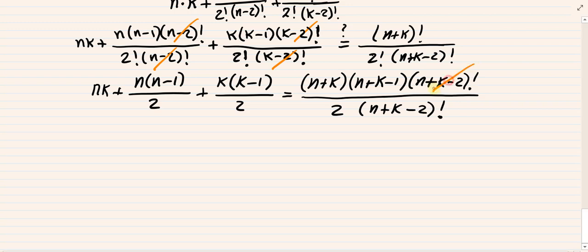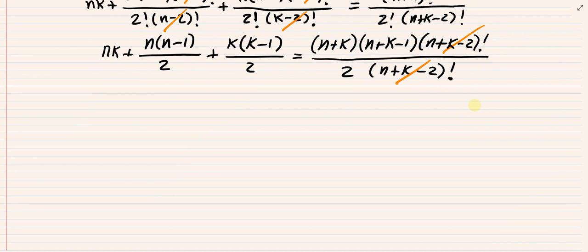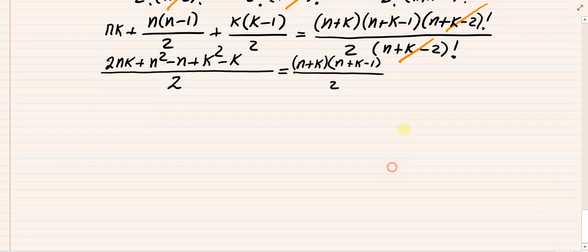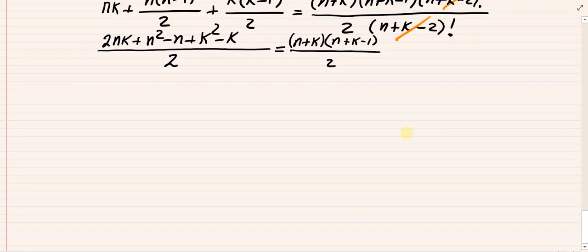Okay, and I can cross those out. Now what else can I do? Well, on the left side, let's combine those fractions. The LCD is 2, so I get 2nk plus n squared minus n plus k squared minus k, and on the right side I'm just going to get (n plus k)(n plus k minus 1) divided by 2. I'll keep the right side the way it is. You could expand it, multiply it out, whatever, but I'm going to keep them separate.